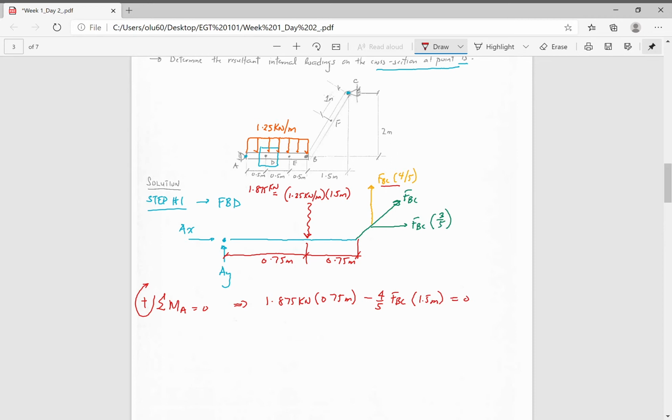And you do the math, you're going to get FBC equals 1171.8 newtons, or you can put that as 1.1718 kilonewtons.